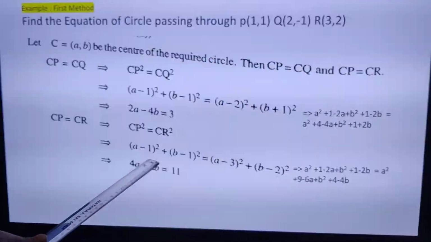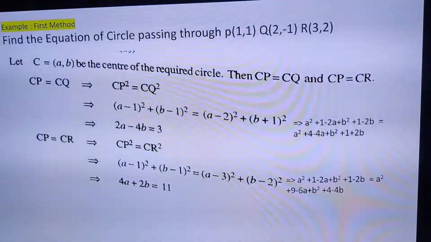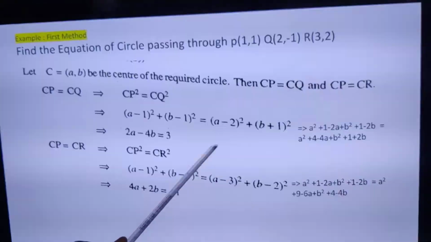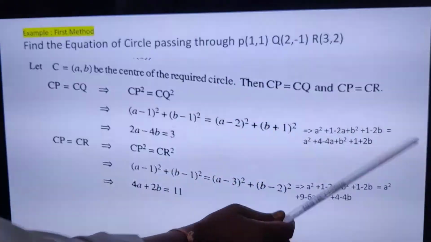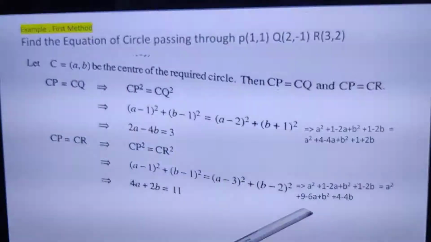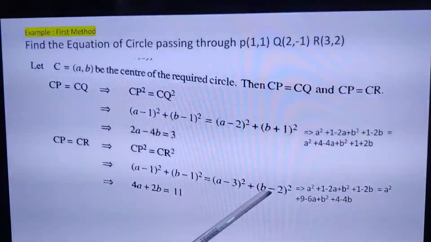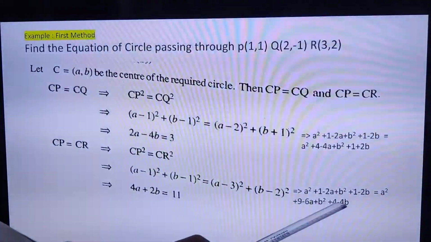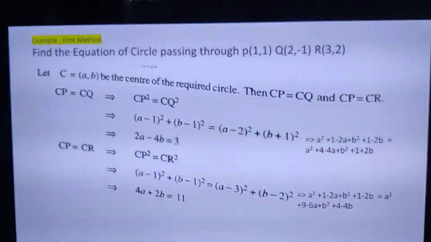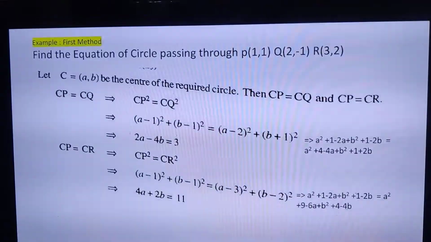Expanding this, (a minus 1) whole square means a square plus 1 minus 2a. (b minus 1) whole square means b square plus 1 minus 2b. On the right-hand side, (a minus 3) whole square means a square plus 9 minus 6a. (b minus 2) whole square means b square plus 4 minus 4b. Here also a square and b square cancel.